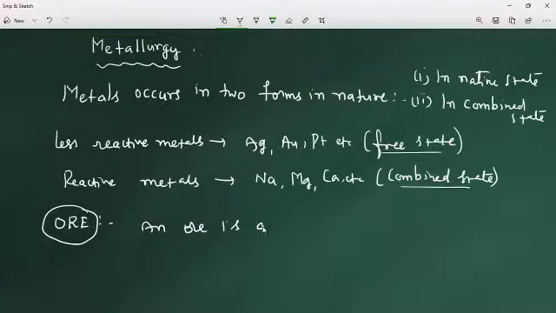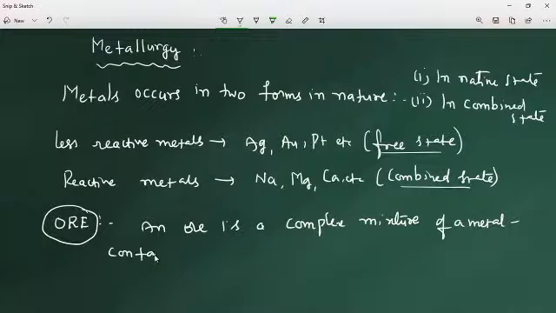An ore is a complex mixture of a metal containing mineral.